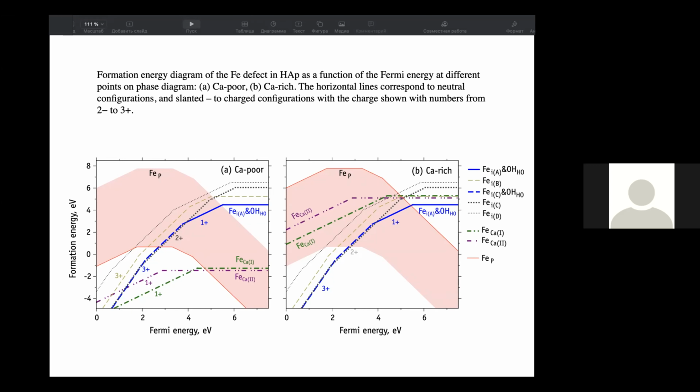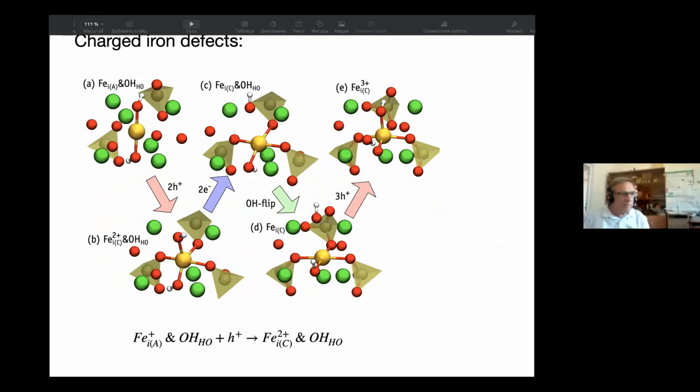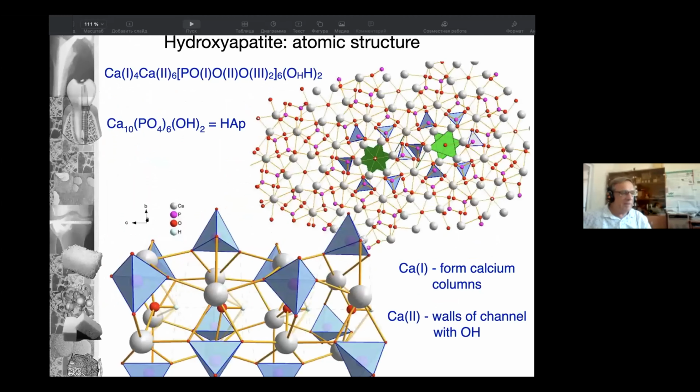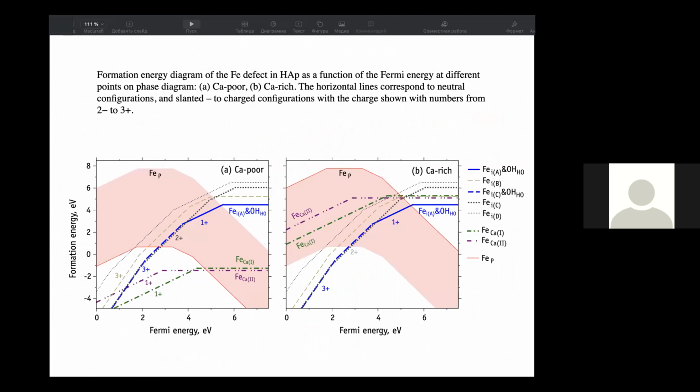No. It's substitution of the calcium that forms that channel. No, close to the channel. Here, right. Okay. So you calculated this by VASP or by Quantum Espresso?